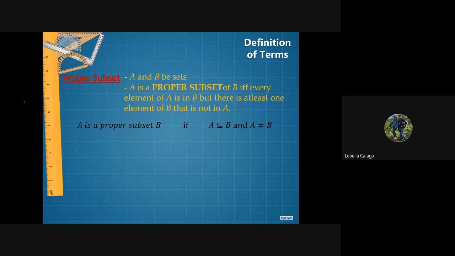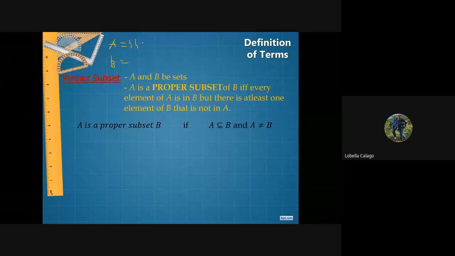For example, anong ibig sabihin po niyan, ma'am? So for example, A, B. So we have 1, 2, and this one is 1, 2.